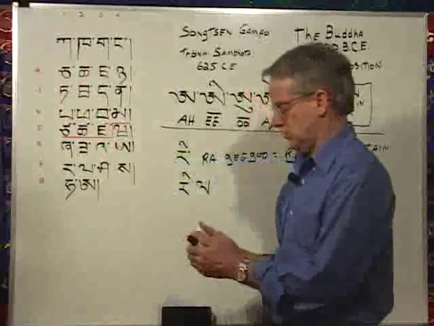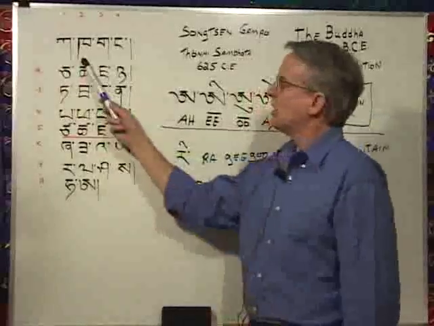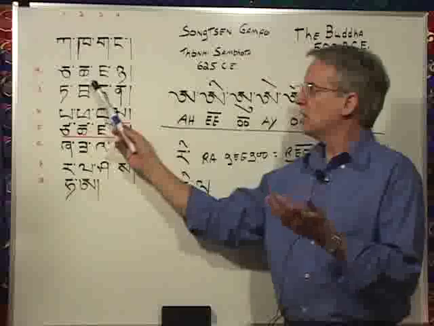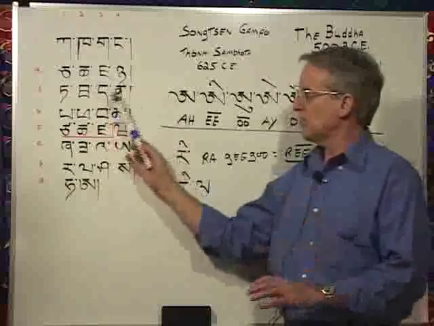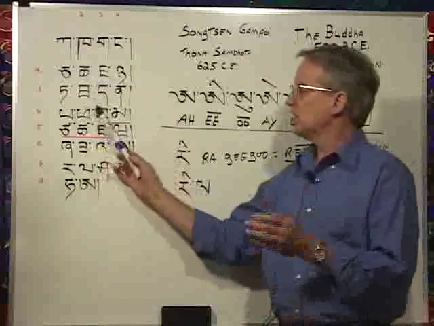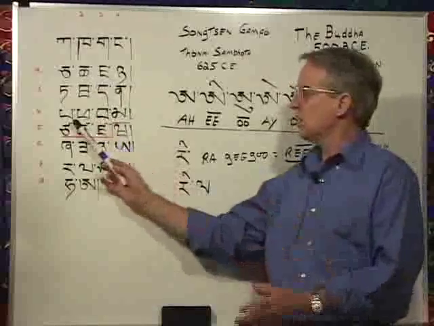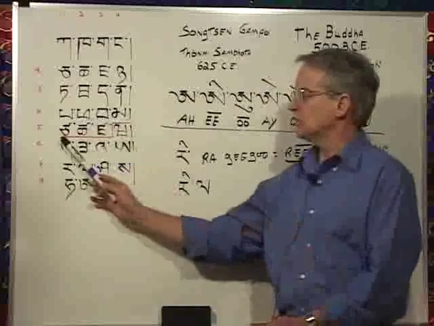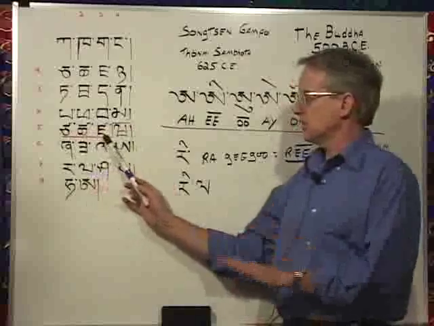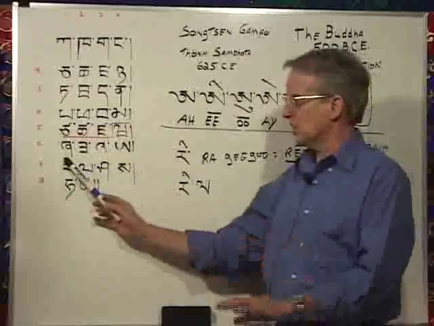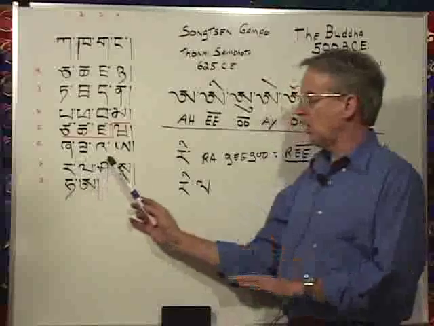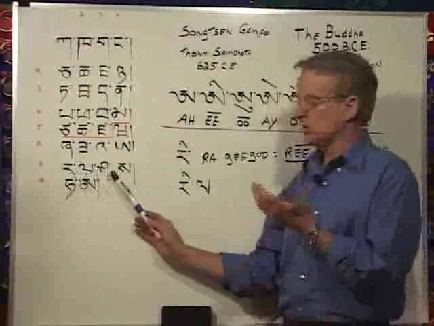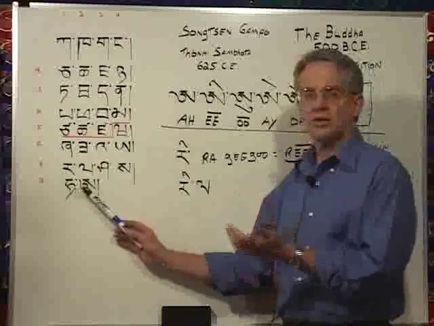Ka, kha, ga, nga, cha, chha, ja, nya, ta, tha, da, na, pa, pha, ba, ma, tsa, tsha, dza, wa, zha, za, a, ya, ra, la, sha, sa, ha, a.